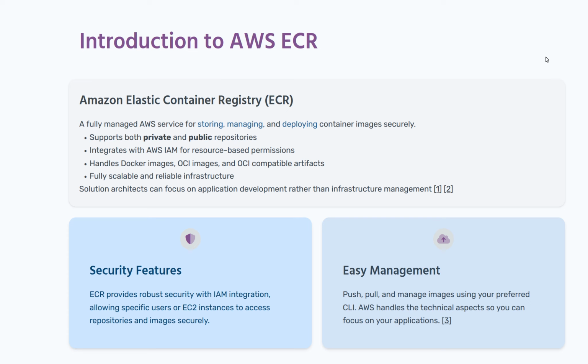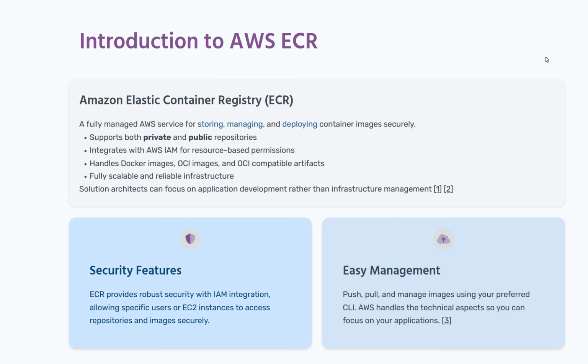It is integrated with AWS IAM for resource-based permissions. IAM, Identity and Access Management, you can use resource-based permissions policy for that, and it handles Docker images, right? OCI images and OCI compatible artifacts, right?